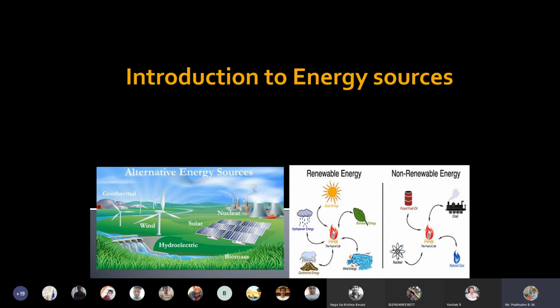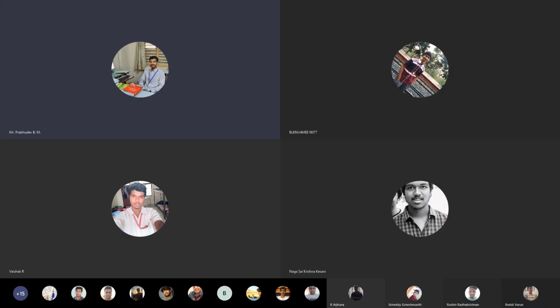Someone please take the initiative to make one group for this renewable energy resources course on WhatsApp, so that I can inform you in advance regarding attendance, classes, exams or anything, and you can also post your doubts in that group, so that I can share all the relevant materials through that also. I have shared my number with some student, I will just text him so that he can. So please, someone take the initiative.